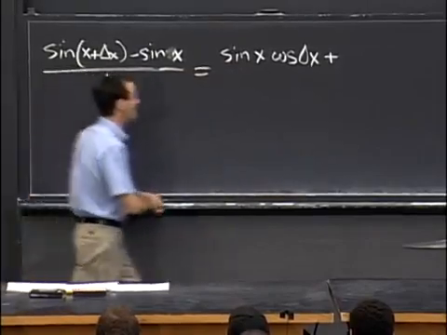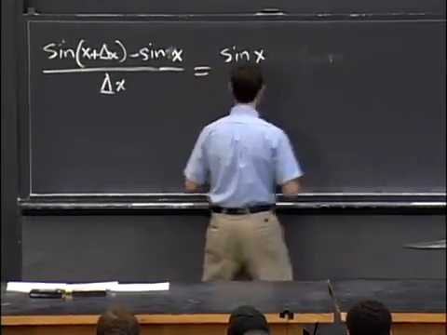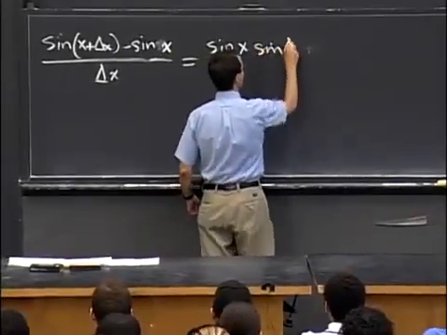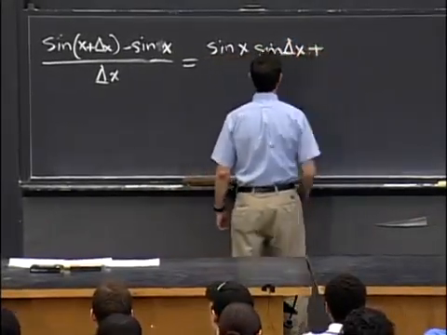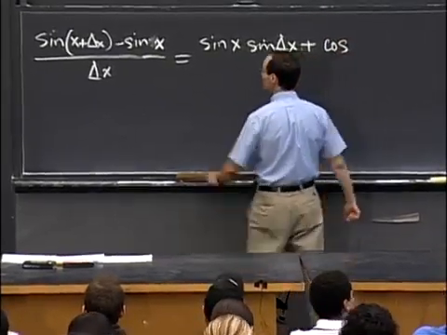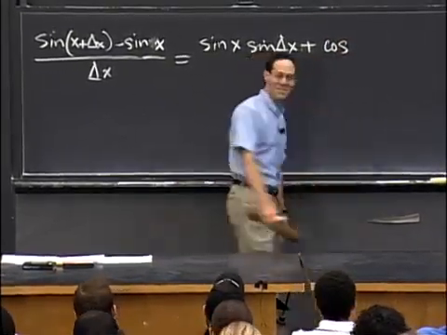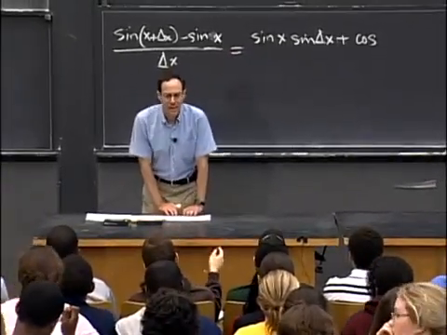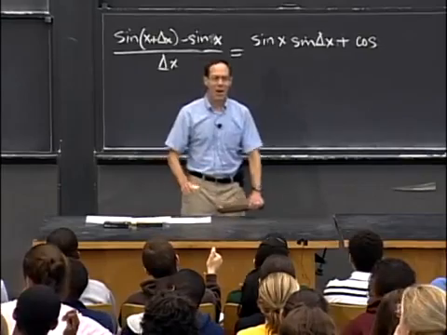So that's sine x cosine delta x plus, oh, that's not what it is, huh? OK. So what is it? Sine x sine delta x. OK, good, you remember. Plus cosine. No? Oh, OK. So which is it? OK, all right, let's take a vote.